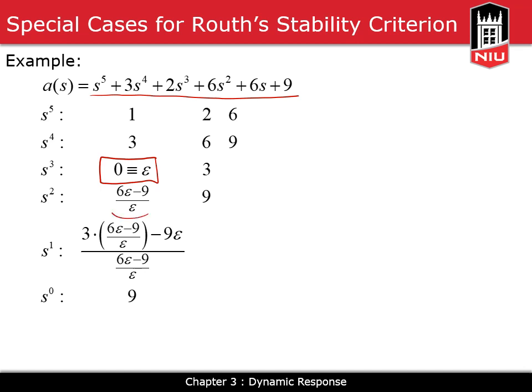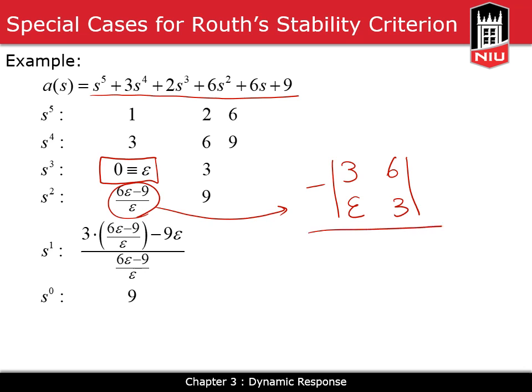So for example, the term here would be the negative of the determinant of the first column in the two rows above, 3 and epsilon, and then the column to the right of the term that we want in the two rows above, 6 and 3, divided by the first term in the row above, which is epsilon.